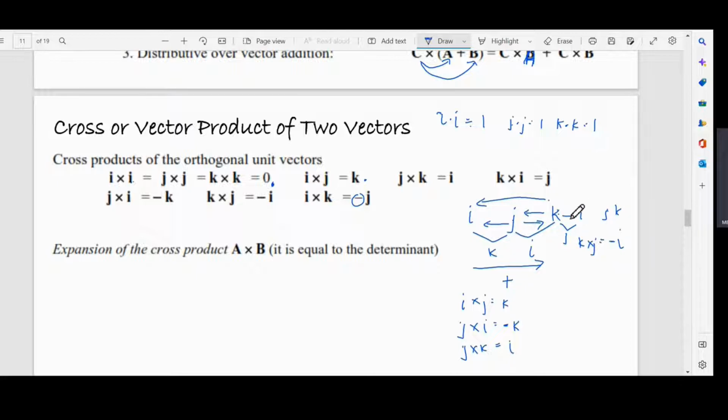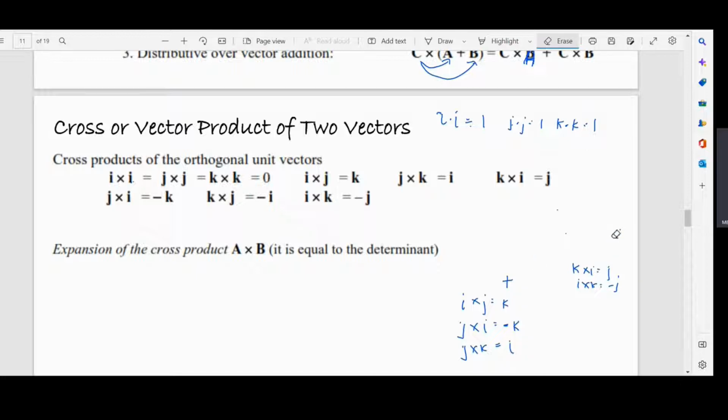So, ulit natin. K cross I becomes what? Positive J. But if we take it backwards, I cross K becomes negative J. Okay. So, that is the technique so we no longer have to memorize our orthogonal unit vectors, to make it easier to conceptualize.